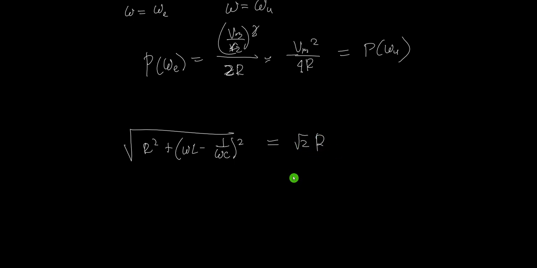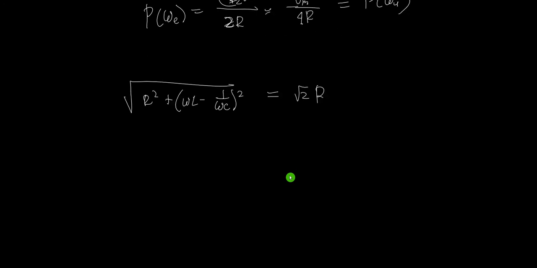And we can now solve for our omega L and omega U by solving for the omega here. Because this is quadratic, there will be 2 values for our omega. So we can do that.